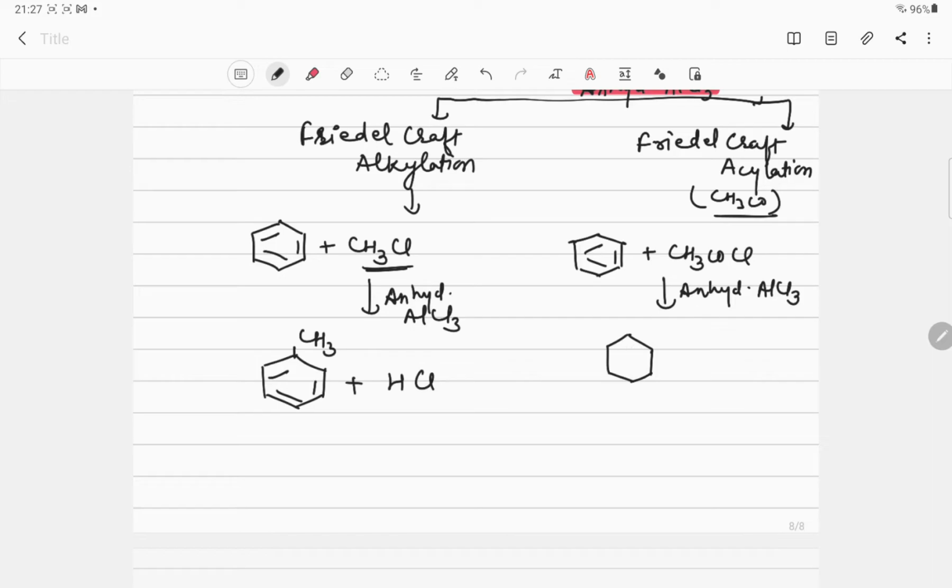Hydrogen of the benzene will be substituted by the COCH3 group, and the compound obtained here will be acetophenone plus HCl. So those are the examples of electrophilic substitution reactions.